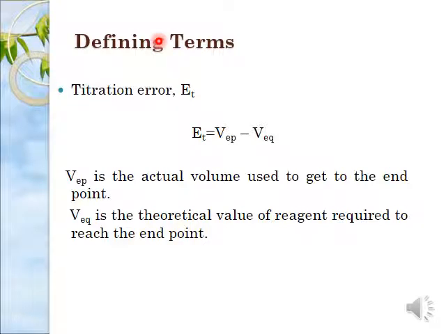This is the formula to calculate titration error: the actual volume we use during the experiment minus the volume that we calculate theoretically. That would be the titration error.